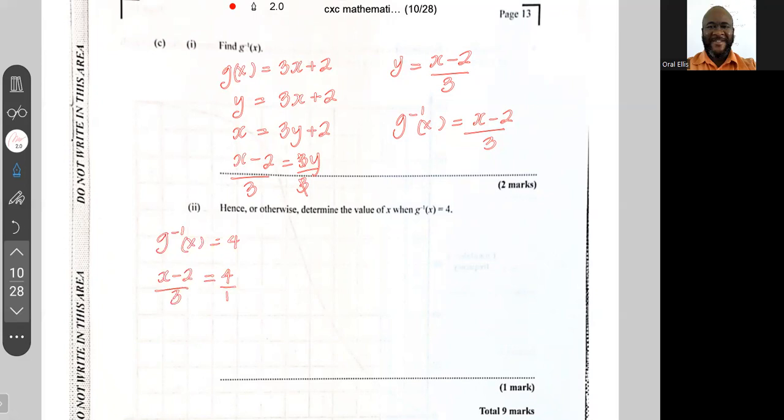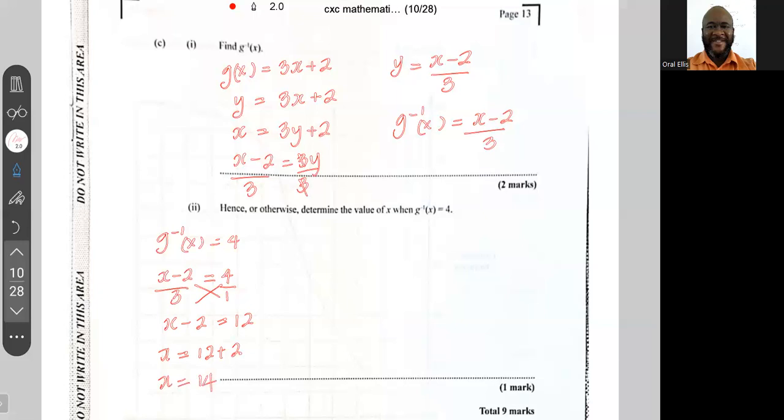Now, I'm going to solve that equation. If I have one fraction equal to one fraction, to get rid of the fraction, I would cross multiply. So x minus 2 is equal to 3 times 4, 12. x is equal to 12 plus 2. x is equal to 14.